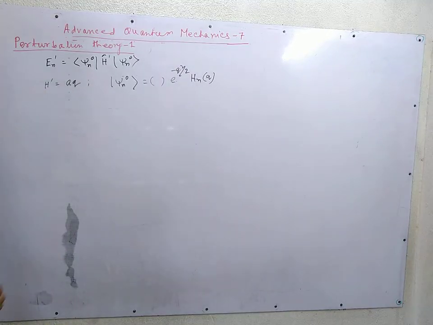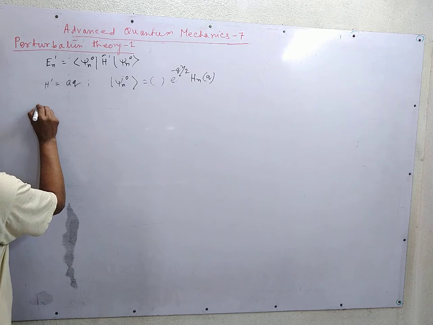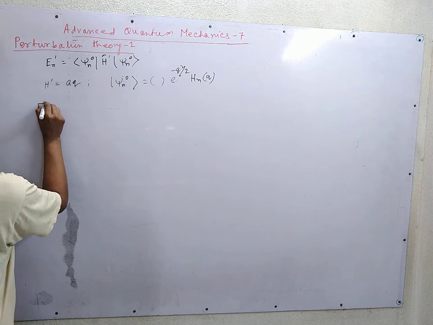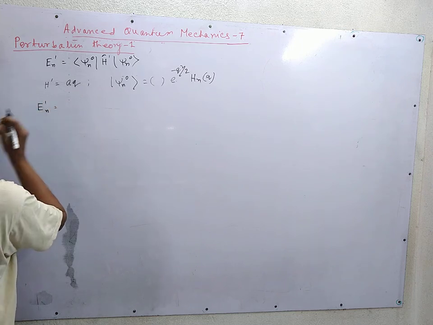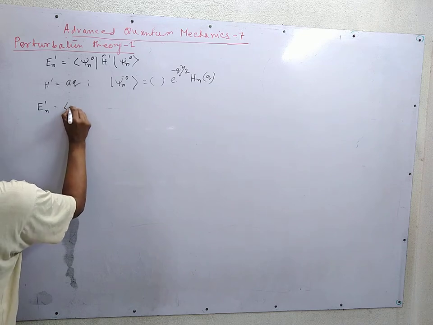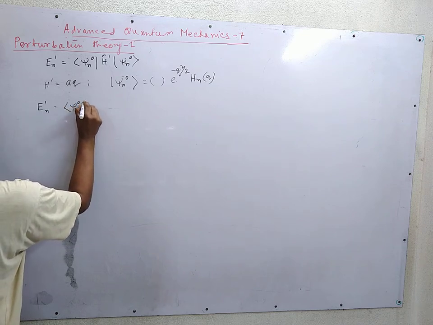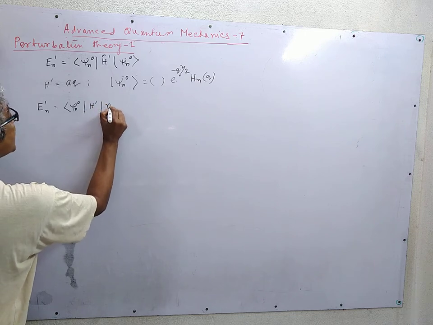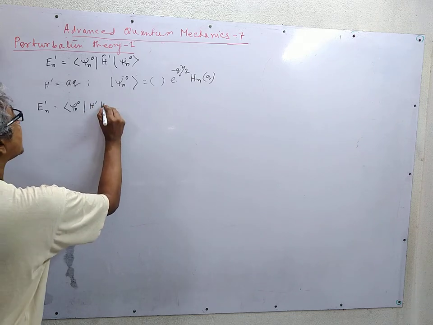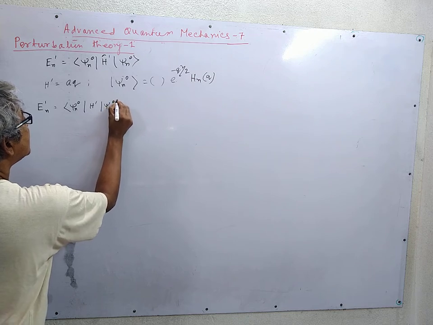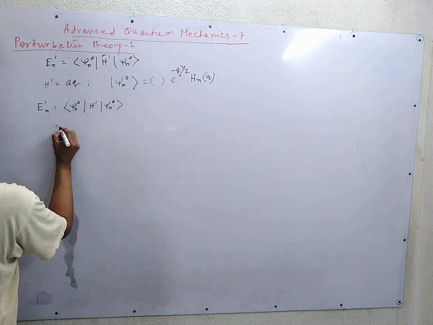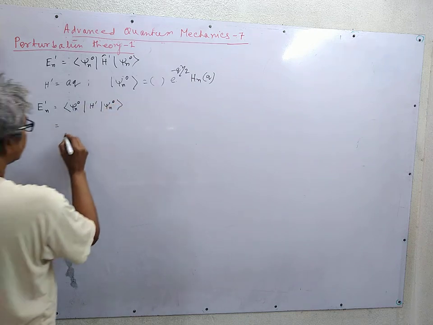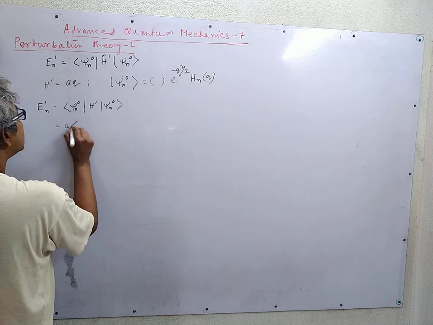Now when we are applied with such a perturbation, this is the correction: psi n0 H prime psi n0. So in all we have a taken common.